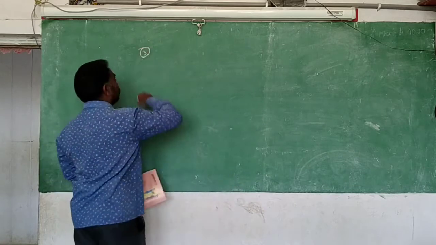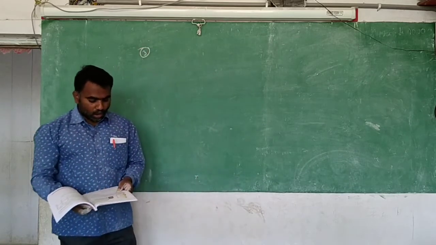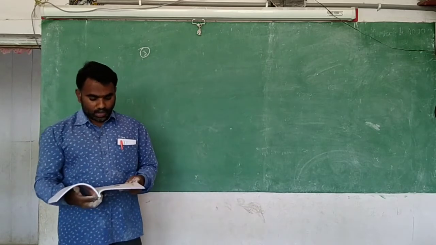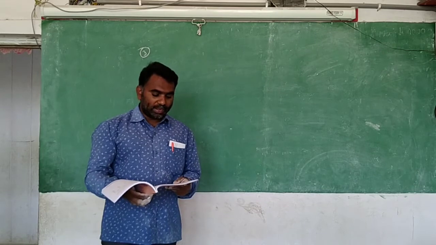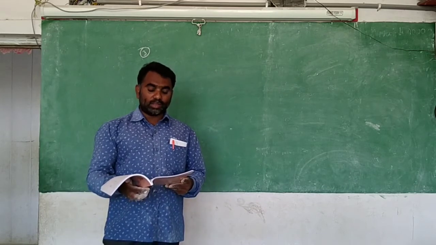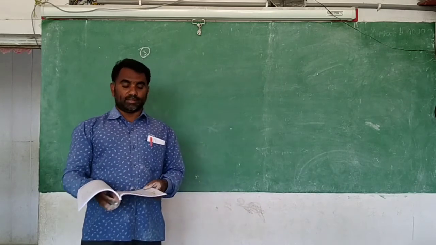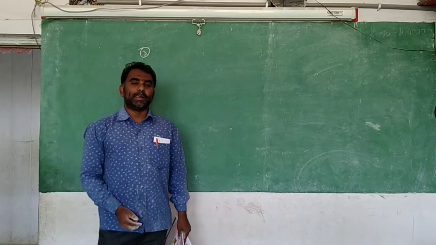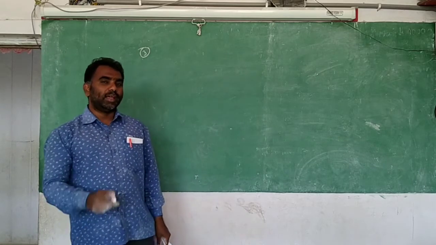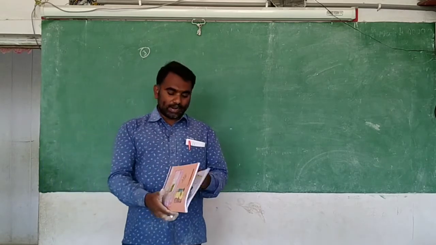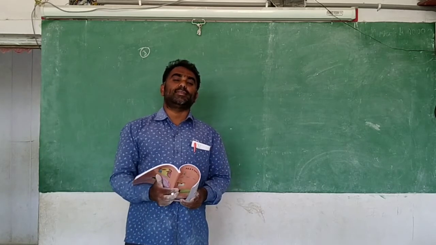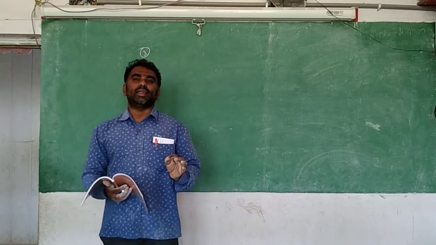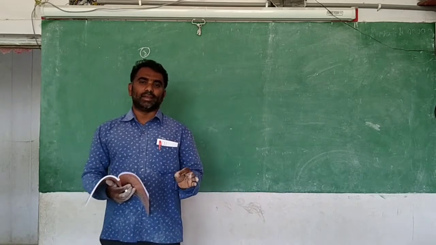Question number 3. 234 Tamil movies were made in a year. If the number of Telugu movies made in the same year is 67 more than the number of Tamil movies, in 1 year, 234 Tamil movies made.